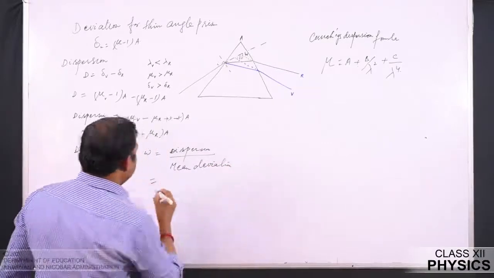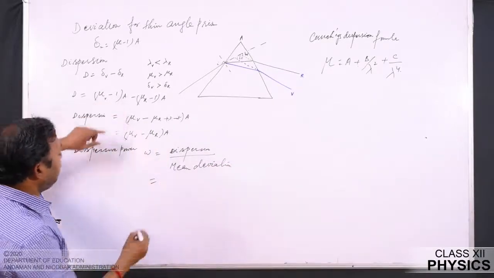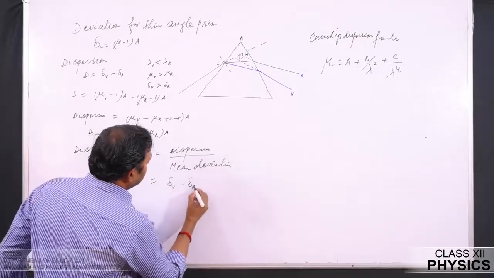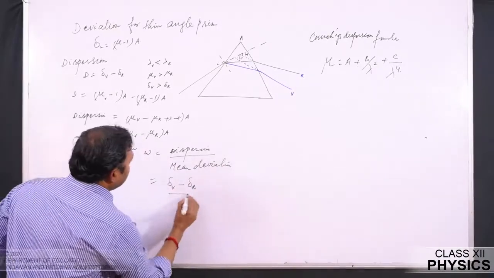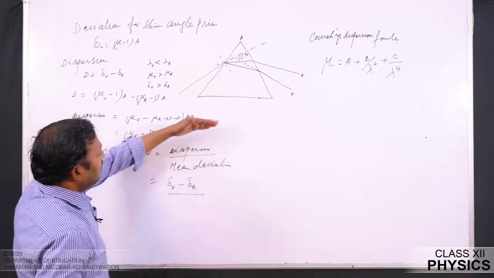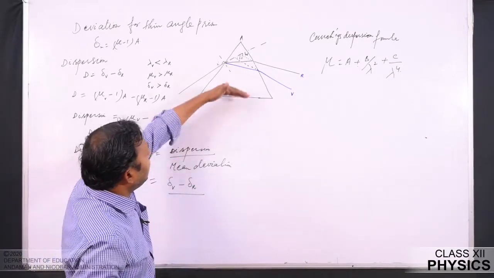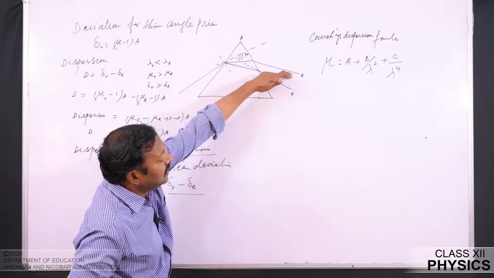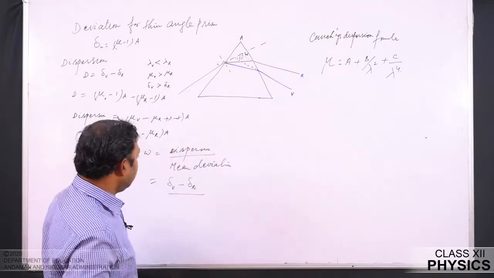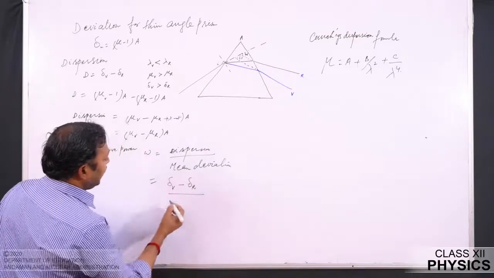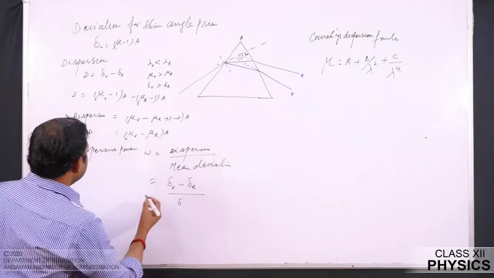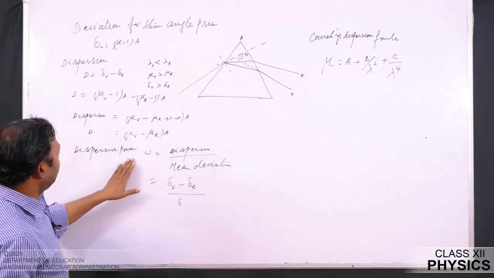In our particular case, dispersion can be written as delta V minus delta R divided by the mean deviation, meaning the deviation produced by any color which lies at the center point of V and R. Probably we can take it as violet light. Here the deviation for the mean color you can write as delta. So, this is the formula for dispersive power.